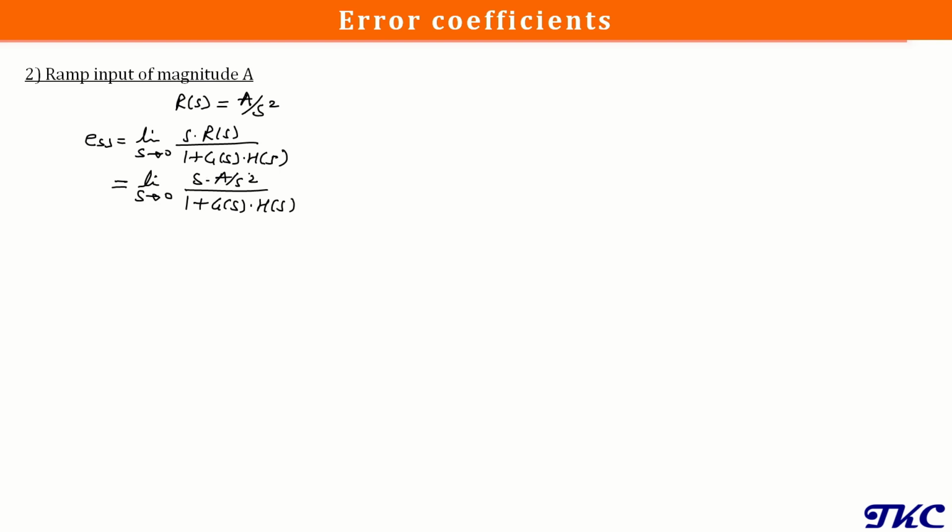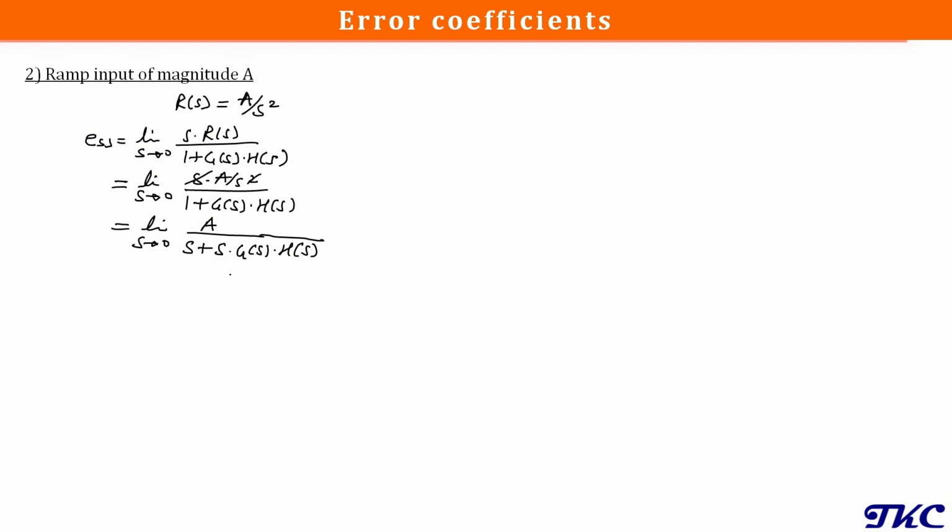Here we can cancel one of the s from this denominator with the numerator. So now we can rewrite this expression as limit s tends to 0 A by s plus s into G of s into H of s, because the s that is remaining comes down here, and I have just multiplied it inside. So it will be s plus s into G of s into H of s.